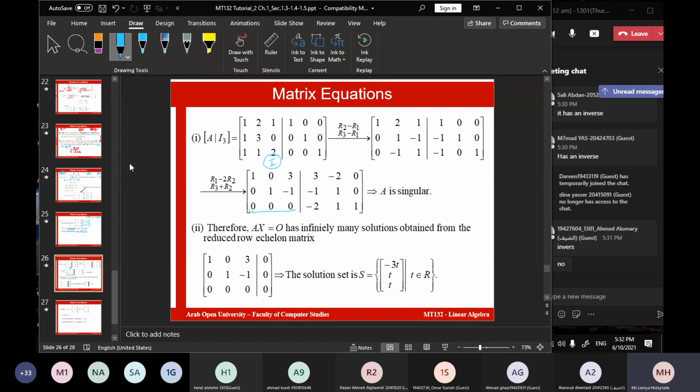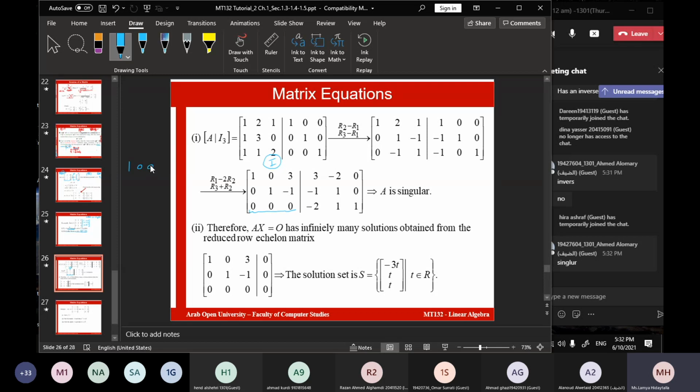No. I3 has all ones on the diagonal: 1 0 0, 0 1 0, 0 0 1. So it is not there. Correct? So it is not in this form, which immediately means the inverse does not exist. A inverse does not exist. It doesn't have one. So it is singular.